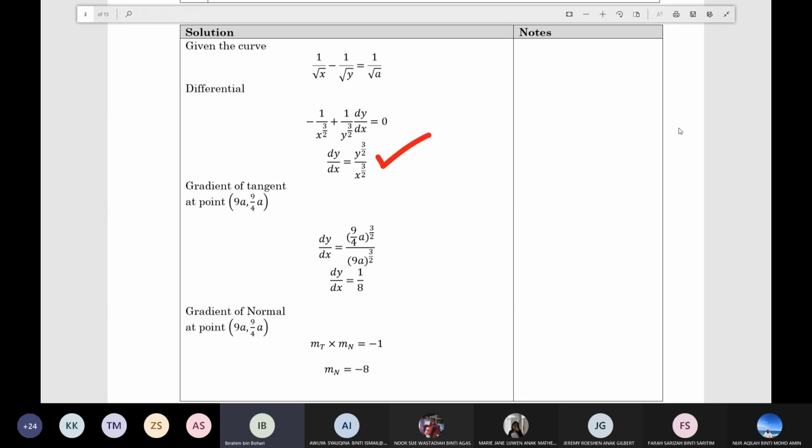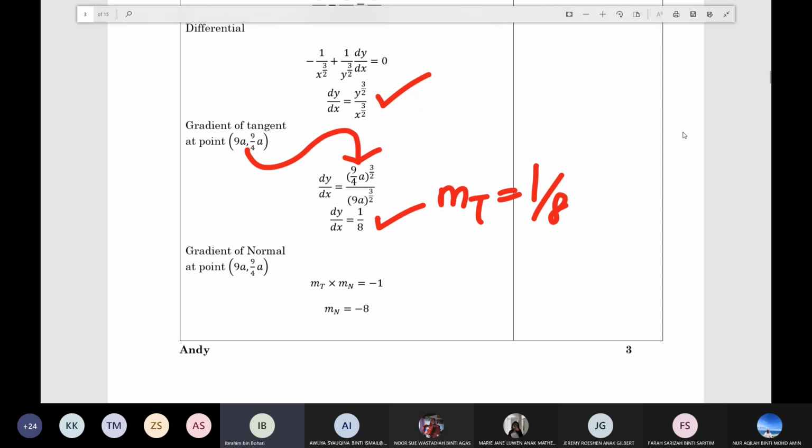The gradient of the tangent is dy over dx, so substitute this point into the first derivative. dy over dx here, or mt, equals 1 over at. The gradient of the normal, mn, is negative 1 over mt, so mn equals negative at.